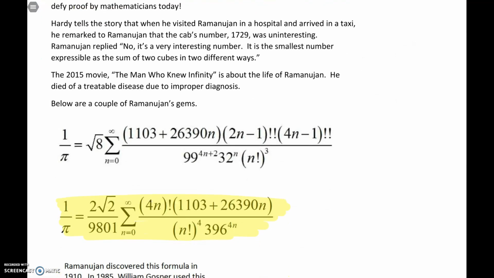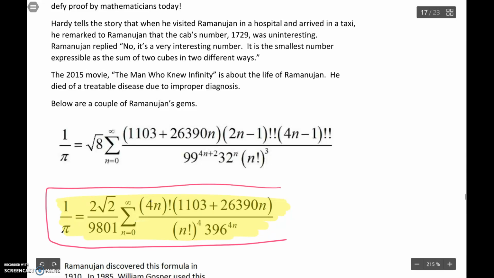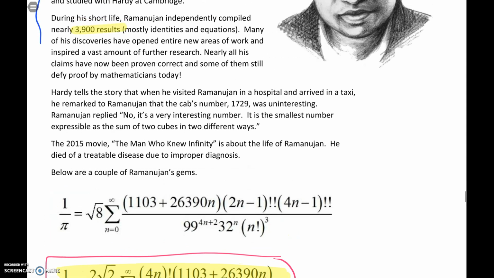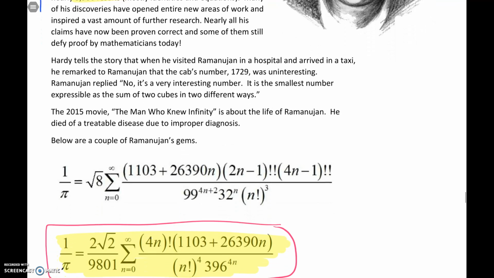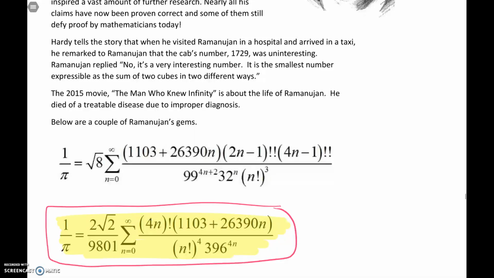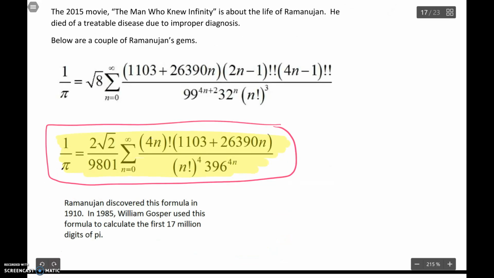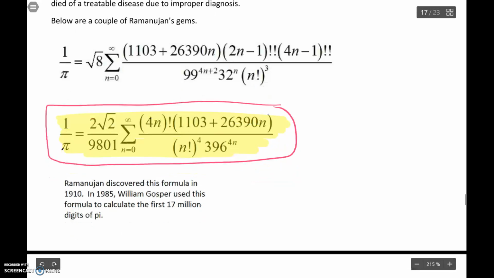He was brilliant, obviously, but he would come up with these identities that nobody at the time, well, even nowadays, knows where they came from. And at the time, they couldn't even prove most of them. But it has now since been proved that many of his discoveries were correct. Some still defy proof by mathematicians today. But just try to fathom these numbers and how this could somehow give you the reciprocal of pi is pretty amazing.